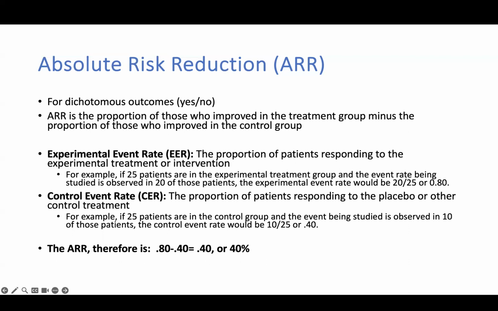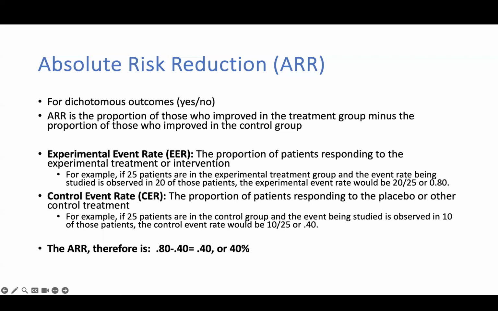ARR is the difference between these two rates. In our scenario, the ARR is 0.8 minus 0.4, giving us an ARR of 0.4 or 40%. This number represents the additional benefit provided by the new treatment over the placebo.